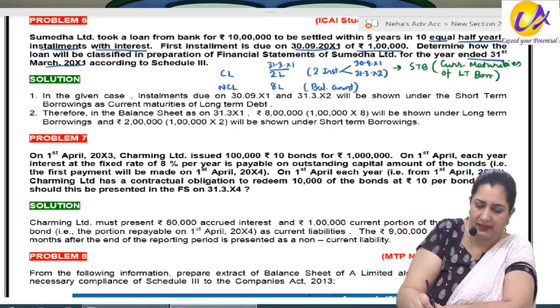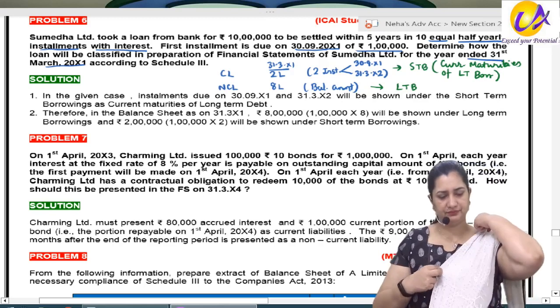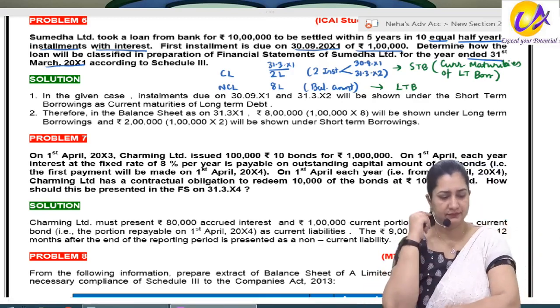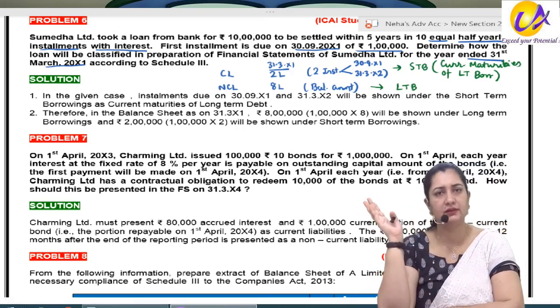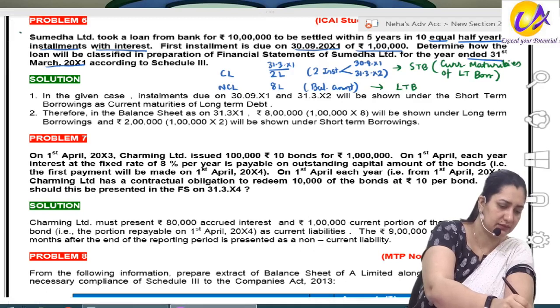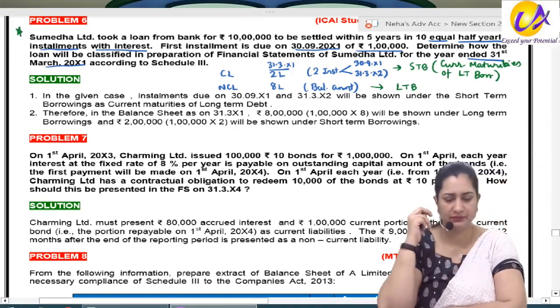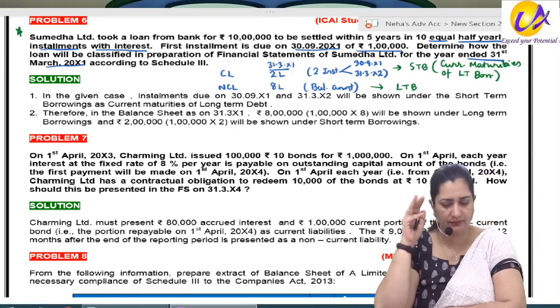Okay, and the remaining 8 lakh you will show under non-current liabilities, under long-term borrowings. Is it simple? Understood? Important question. Star mark. Clear.